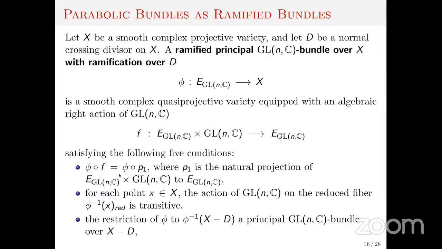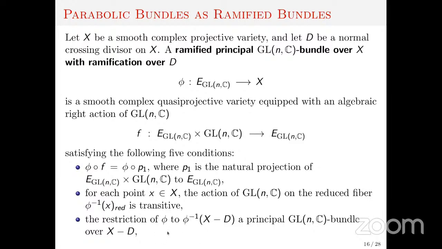So the action should be compatible with the projection, the first condition. For every point x in X, if you consider the reduced fibers over x, the action of the general linear group is transitive.